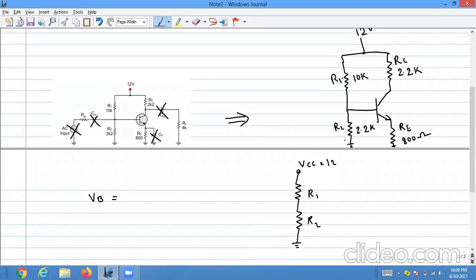We need to find the voltage at this node, that is VB.